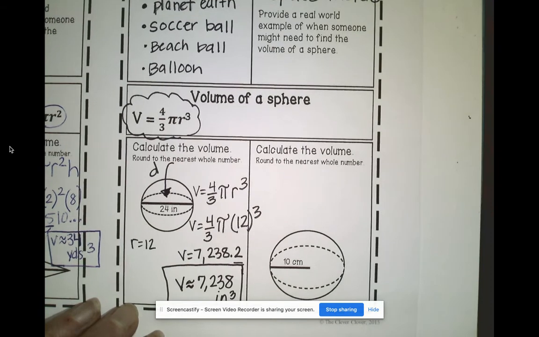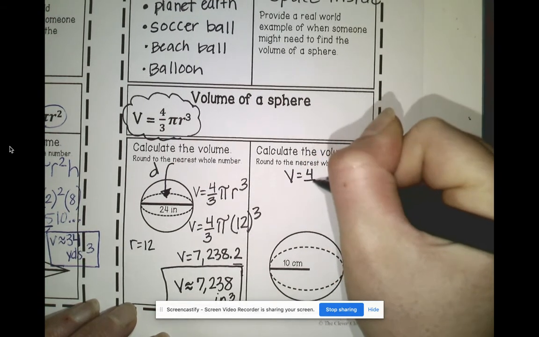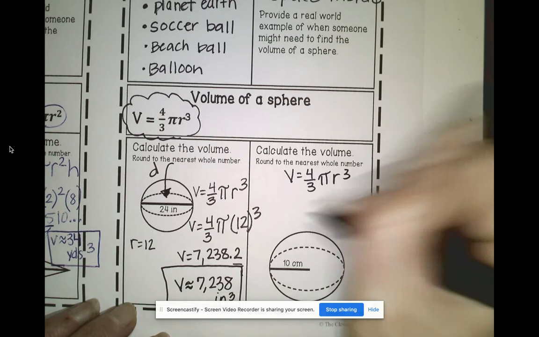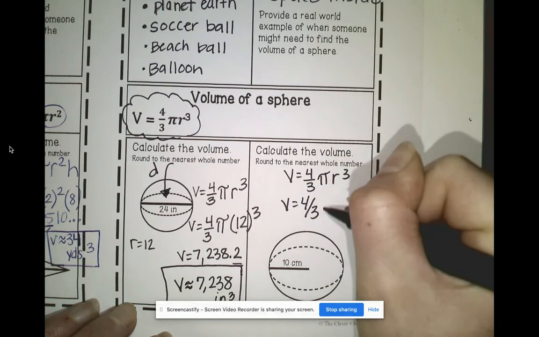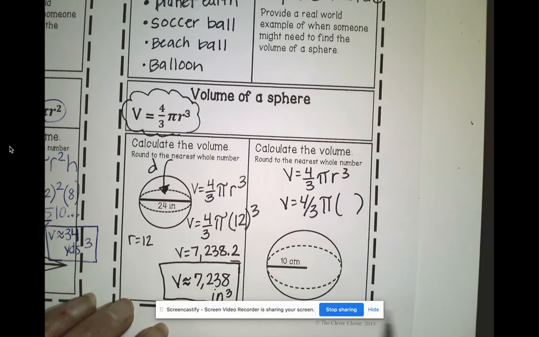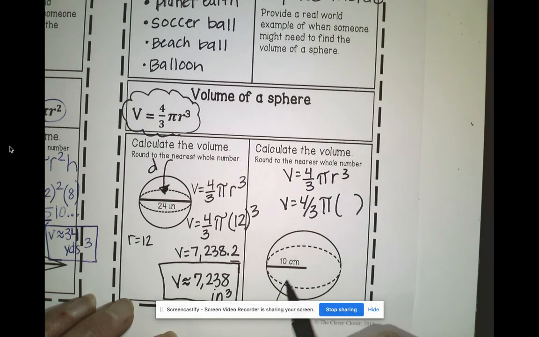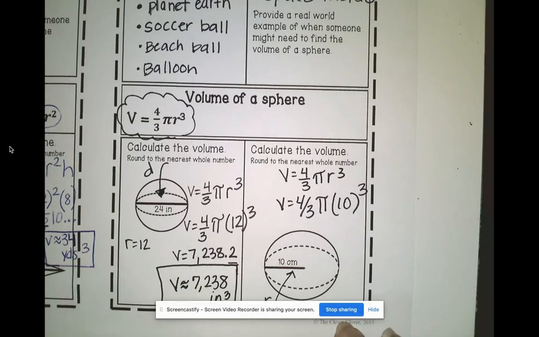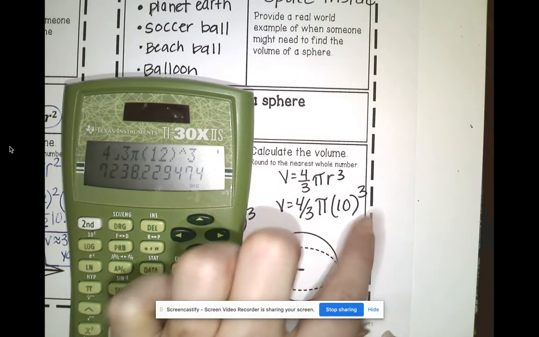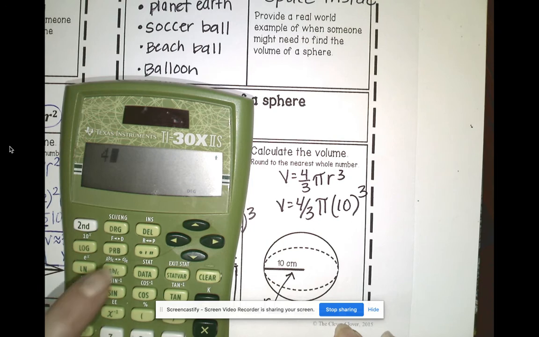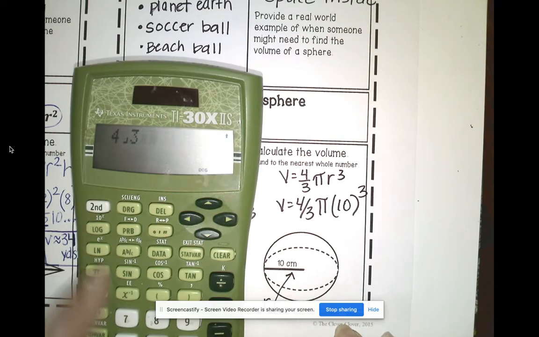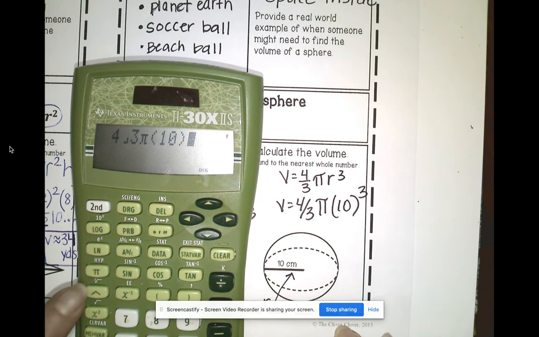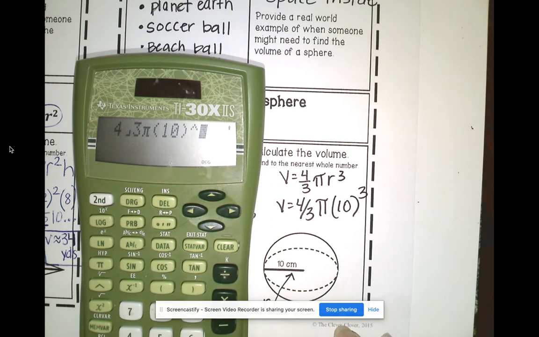All right, let's try one here. Let's start with our formula, and let's plug in. Let's be careful here. All we need is a radius. Are we given a radius? This is from the center to the outside, so this is my radius. Remember, to the third power is just 10 times 10 times 10. So 4, fraction button, 3, pi, 10, once again raised to the third power.